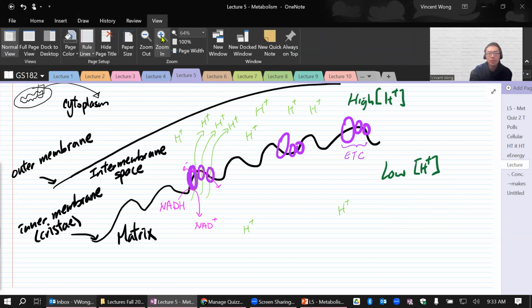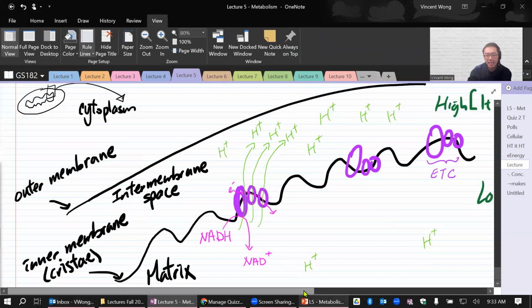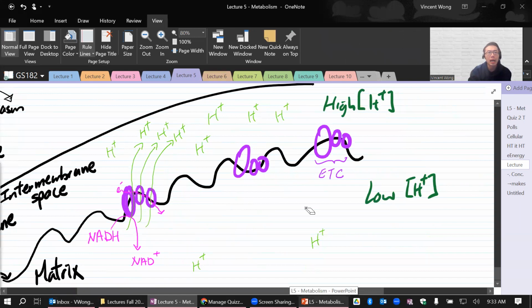Okay? So H+ have a tendency to want to come back into the matrix, but they cannot do it right now because the inner membrane is phospholipids, and that does not allow charged particles to go through, right? Even though they want to come back in, they cannot, because the inner membrane would block them.